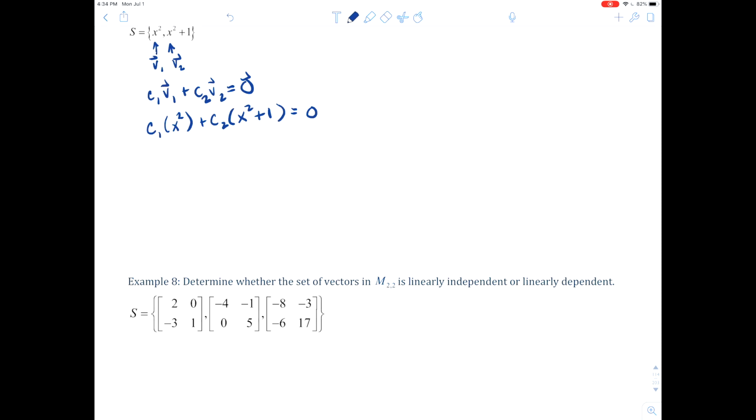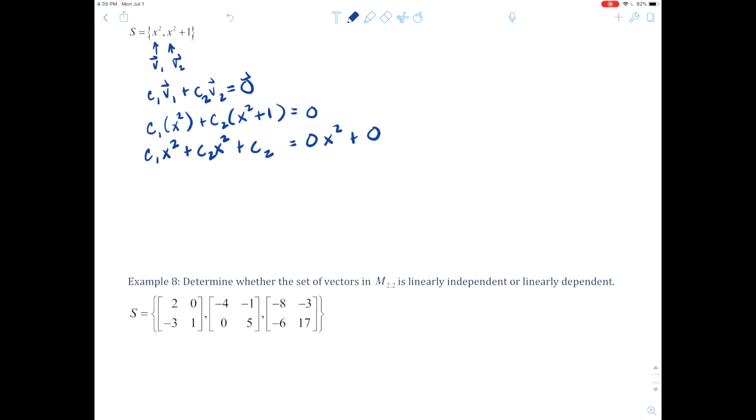So we're going to have C1x squared plus C2x squared plus C2. Do you see that we'll have a constant term and an x squared term? We'll need a 0x squared and a 0 for the constant, and that's still just equal to 0, so we're good.